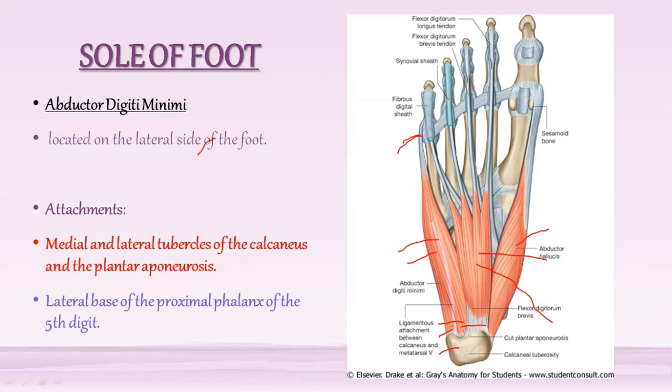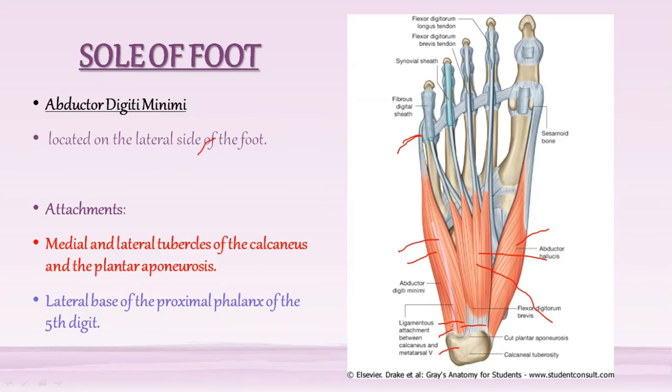The third is abductor digiti minimi. As the name indicates, it is present on the lateral side of the foot. This arises from the lateral tubercle as well as some part from the medial tubercle. And this muscle is inserted on the lateral side of the little toe.